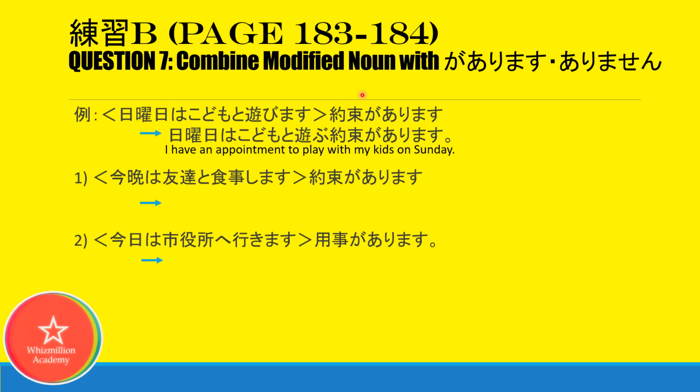So this sentence at the front is describing the noun here. So it is modifying the noun when you combine the two sentences. So 日曜日は子供と遊ぶ約束があります。I have an appointment to play with my kids on Sunday. So we are describing the appointment here.